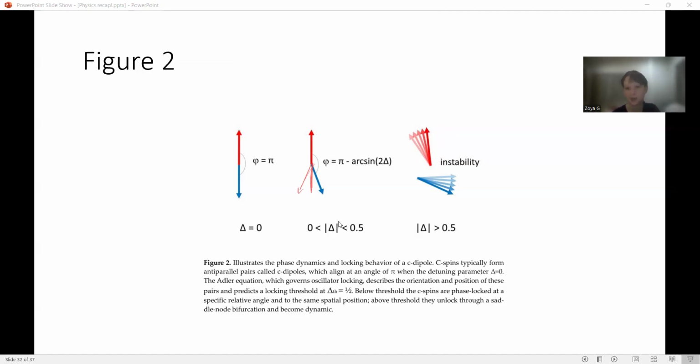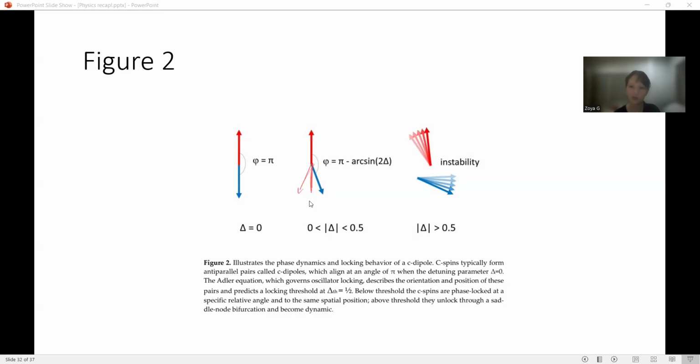When the spin difference parameter, the anisotropy, is between 0 and 0.5, the arrows still roughly stick to each other. However, an angle forms between them, which depends on this parameter.